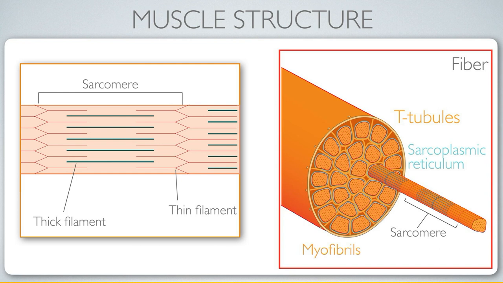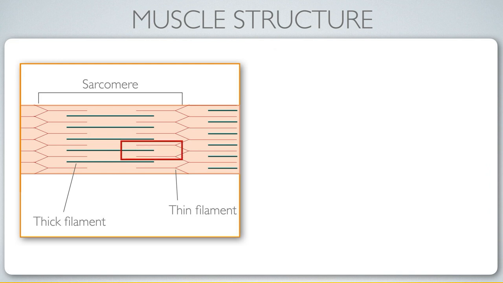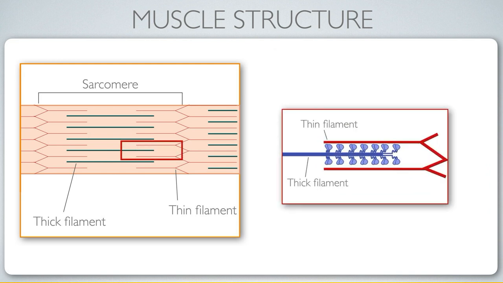The thick and thin filaments you'll see are overlapping here. And if we zoom in on just a pair of thick and thin filaments, then we can see that there are these structures that connect the thick filament to the thin filaments, both up top here and down below there.